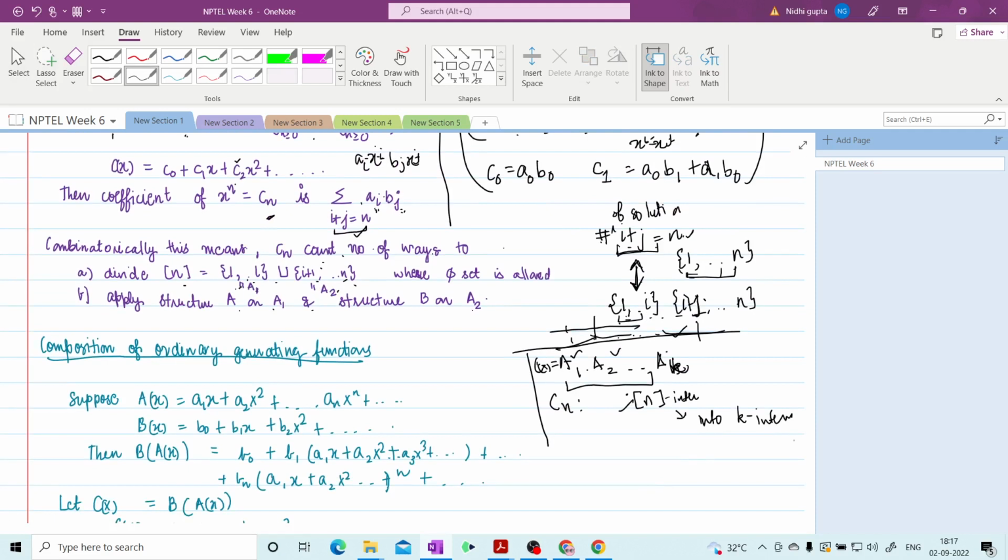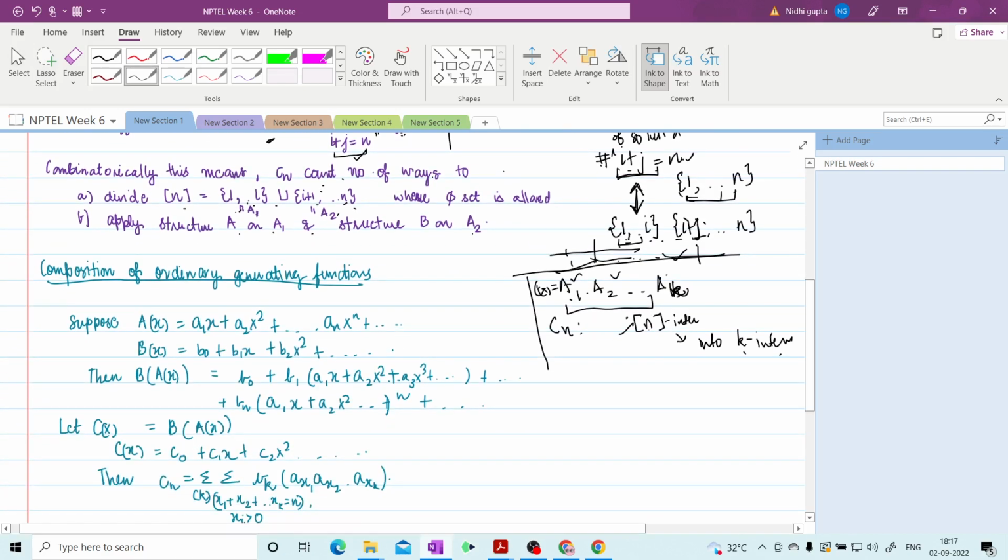Then we apply structure a1 on the first interval, structure a2 on the second interval, structure a3 on the third interval, and so on. So this is this.